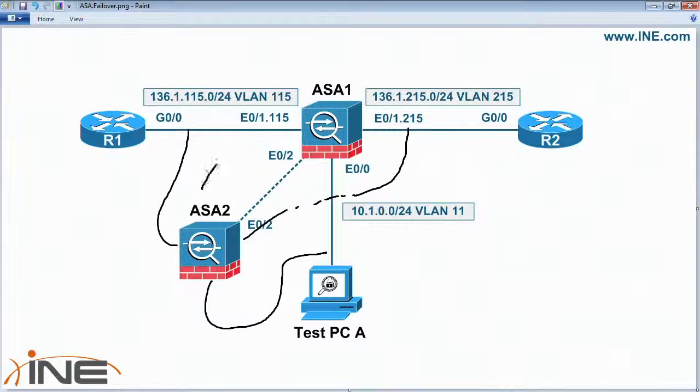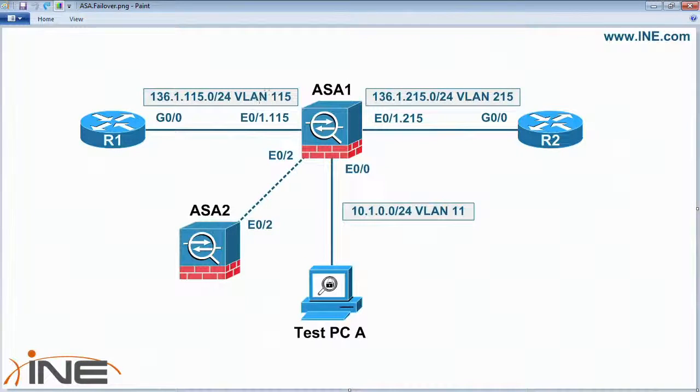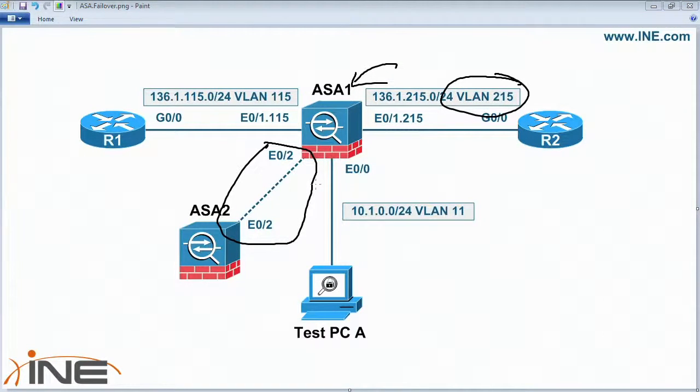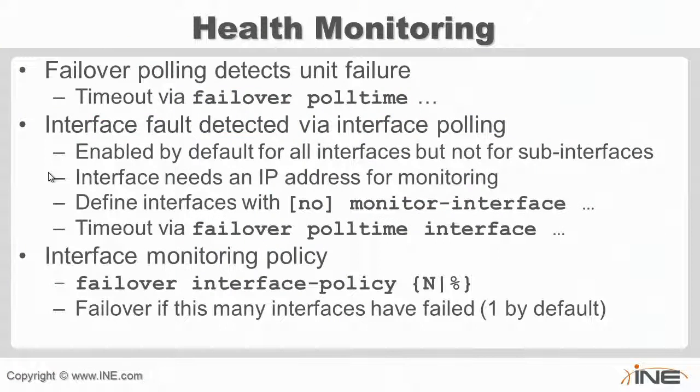So since we're monitoring, basically the boxes are pinging back and forth between each other on each of these links to do the monitoring. So what would now happen, let's say we go to our outside and we misconfigure the link that goes to ASA1. Even if this interface is up, are they still going to fail over? Well, it really depends what the monitoring policy is.